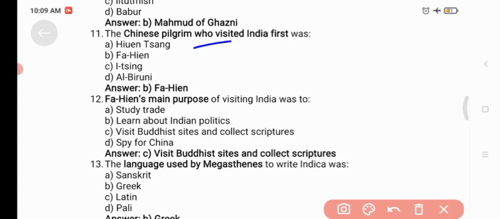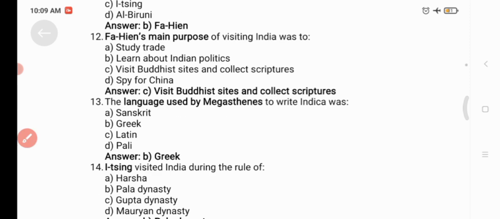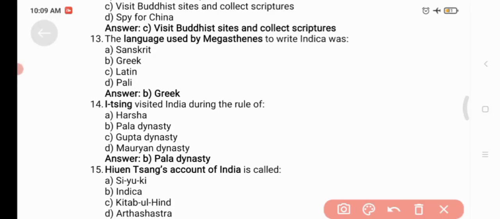The Chinese pilgrim who visited India first was option B, Fa-hien. Fa-hien's main purpose of visiting India was to option C, visit Buddhist sites and collect scriptures. The language used by Megasthenes to write Indica was option B, Greek.